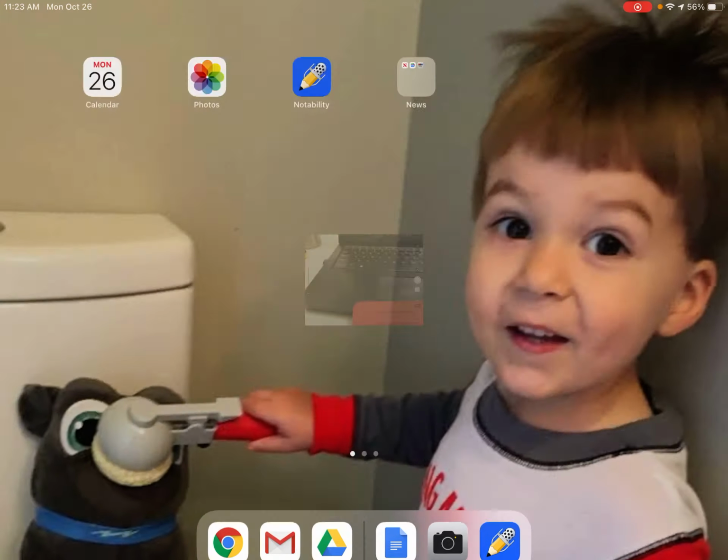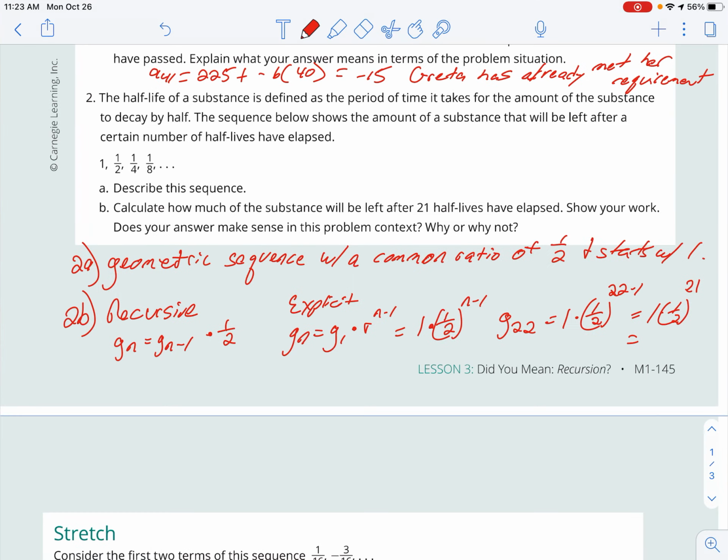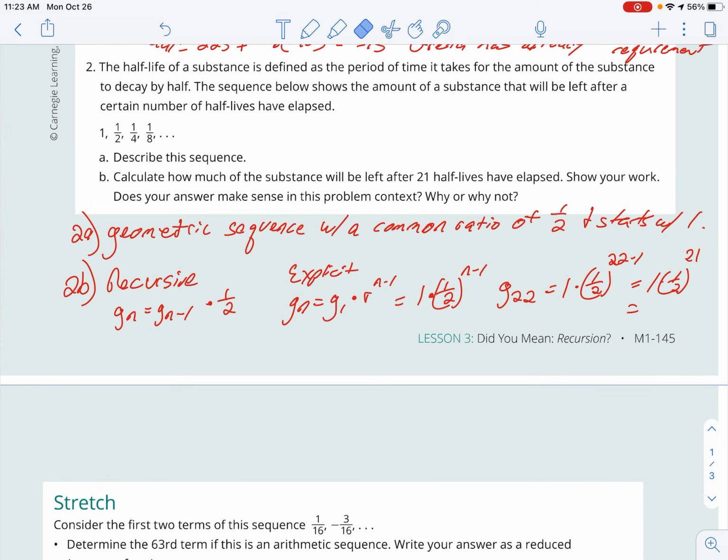So I'm going to switch back to my answer sheet and put the fraction: 1/2097152.